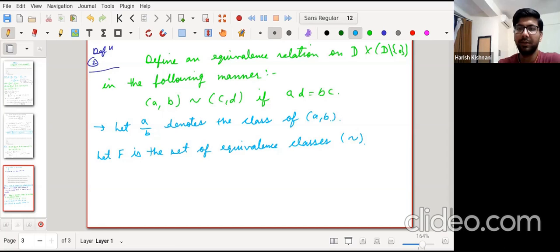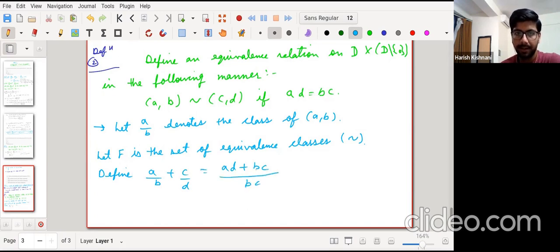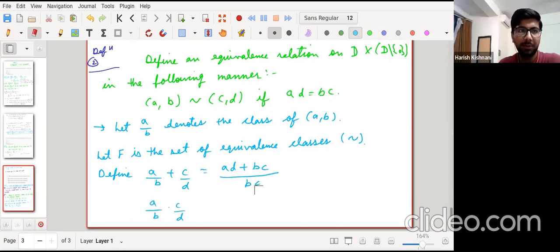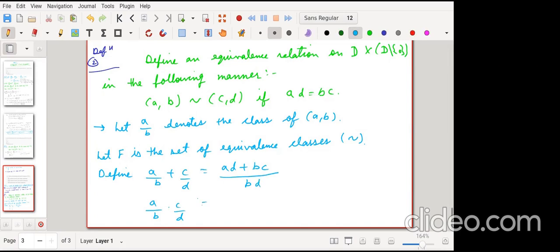So if F is the set of equivalence classes of this, define the addition to be (ad + bc) divided by bd, and the product is just ac by bd. Yes, thank you, Shalini, it has to be bd. So it's just how you multiply fractions.